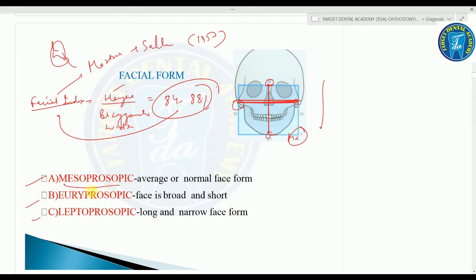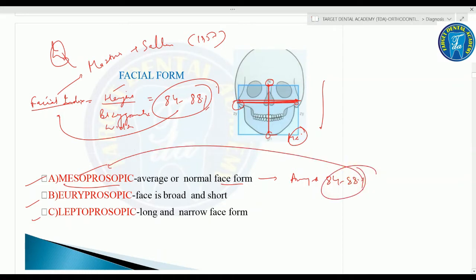We have the mesoprosopic, which means the patient has an average or normal facial form. If the ratio is between 84 and 88%, then the patient has a mesoprosopic facial form. Europrosopic means the face is short and broad.